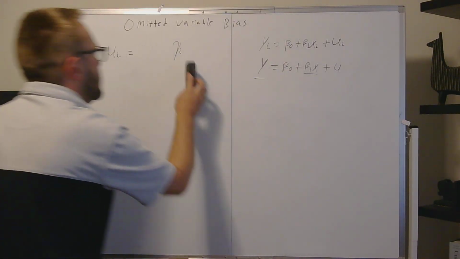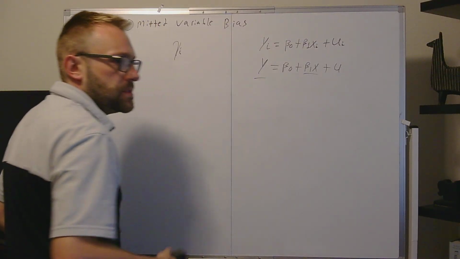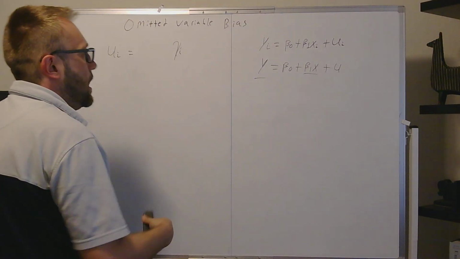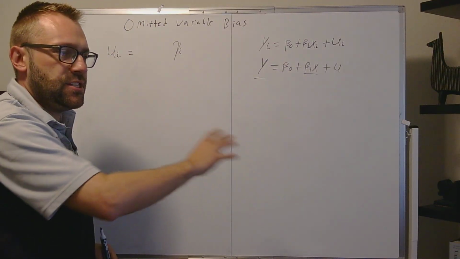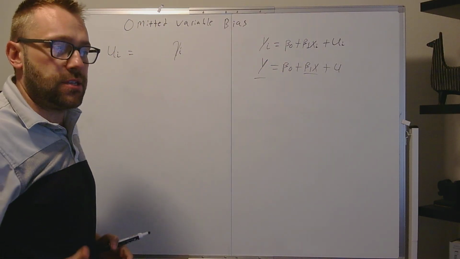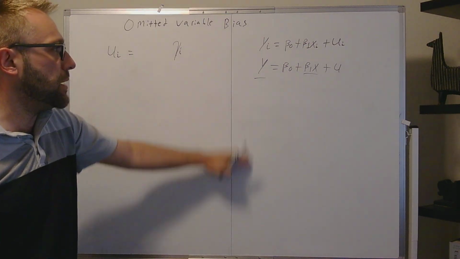So that's this idea where gamma becomes a more problematic, or non-zero, concept, and it's this hidden term. And what's interesting, again, is ordinary least squares won't mathematically pick up on this.